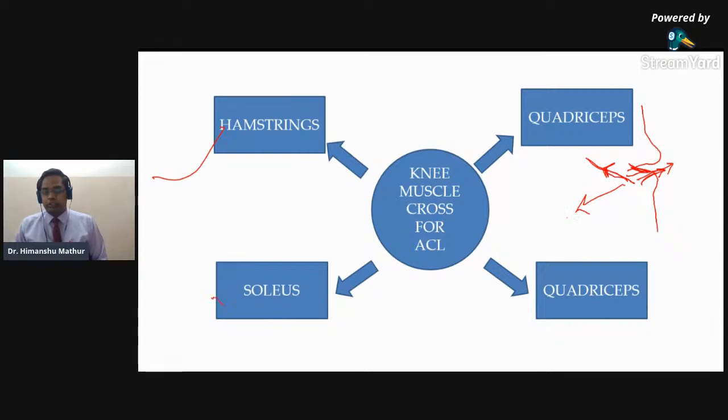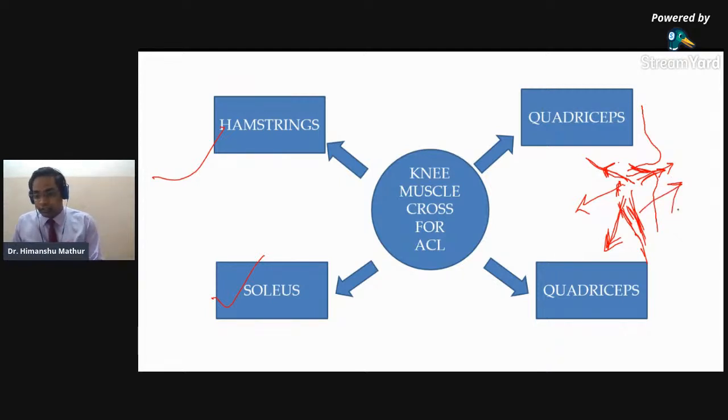Similarly, the other muscle is your soleus muscle, which takes its origin from the posterior aspect of the tibia and later forms a major component of the calf muscles. This is another muscle that has a posterior pull on the tibia. Although the direction of force is different for both muscles, both have a posterior pull on the tibia. Eventually, it restricts the anterior translation of the tibia.